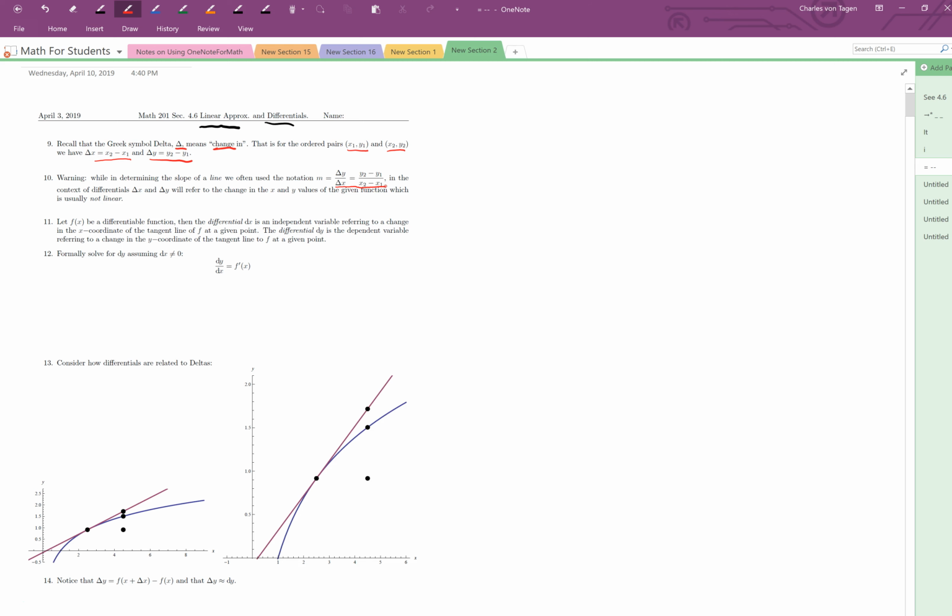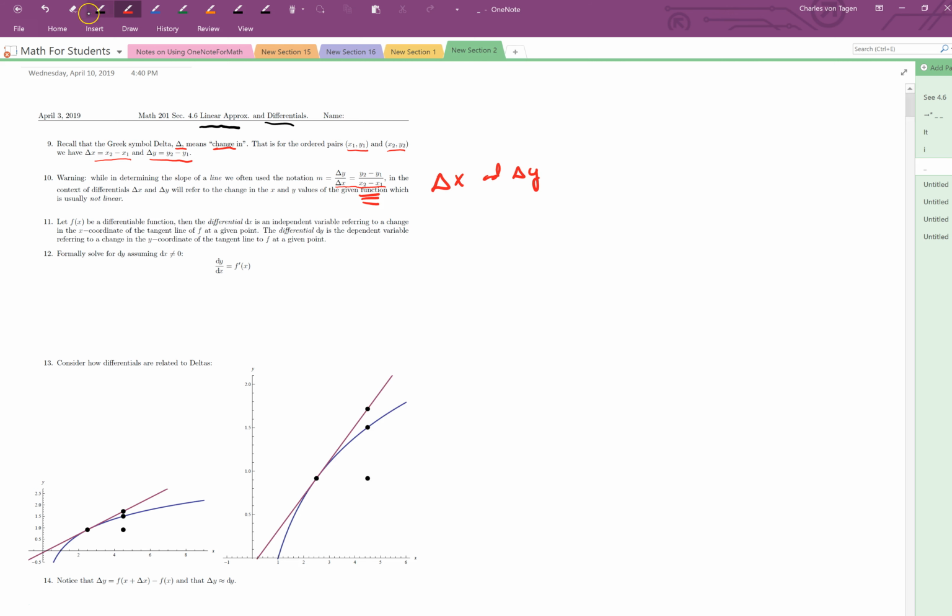So something to keep in mind, though, is that in the context of differentials, the delta x and the delta y, these refer to the change in the values of the given function, and that function is usually not linear. So we're still going to have a tangent line approximation here that we're dealing with, and it's important that you associate delta x and delta y.